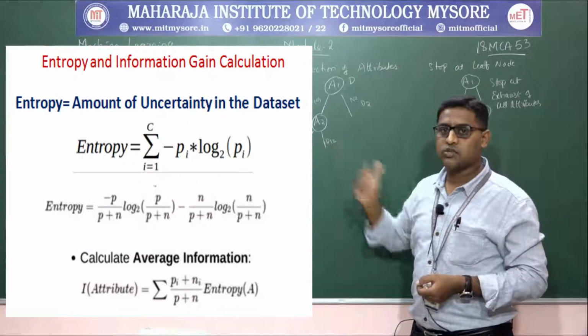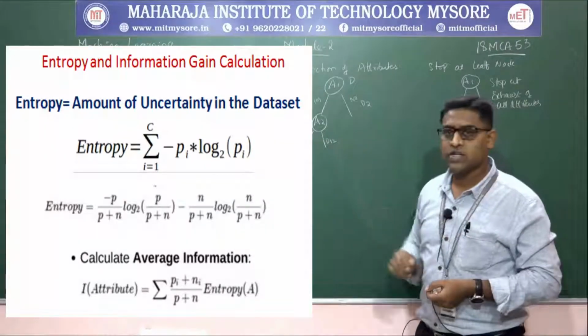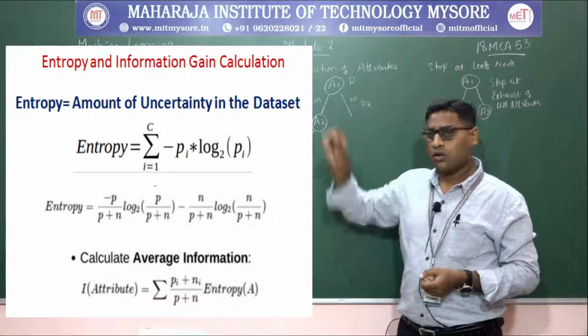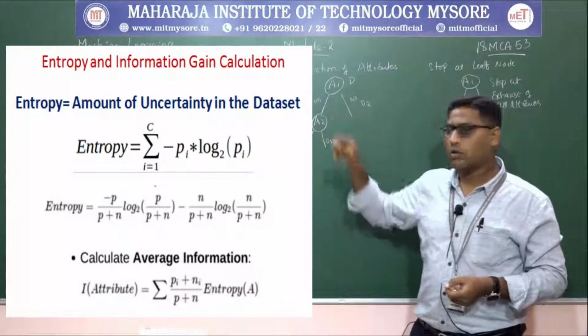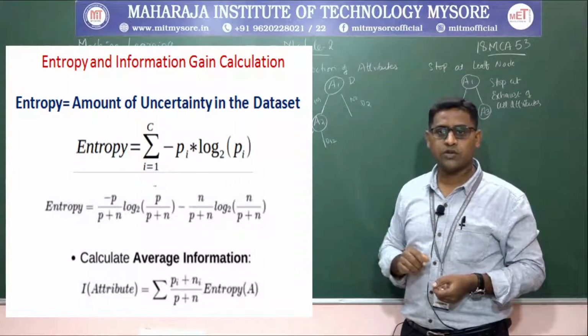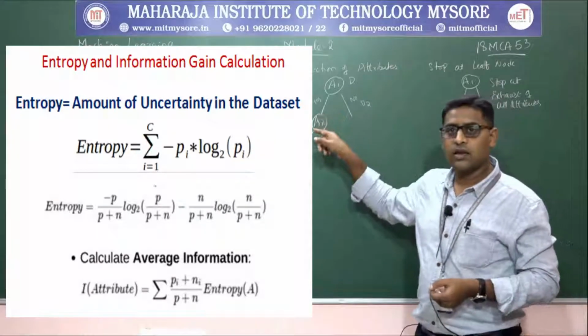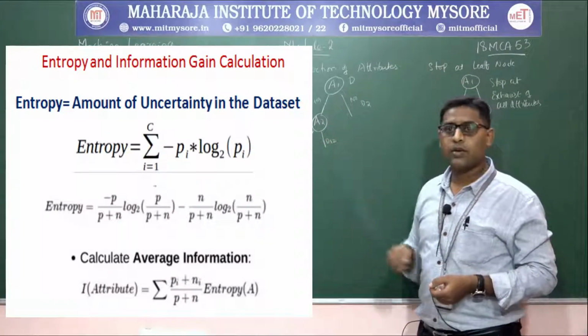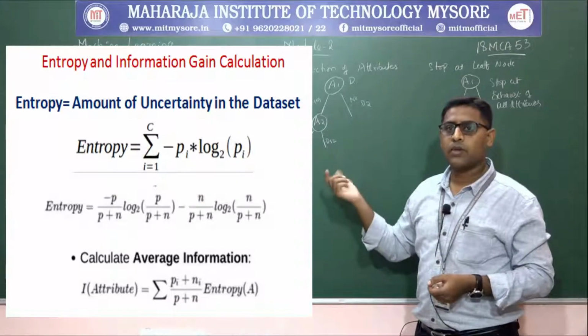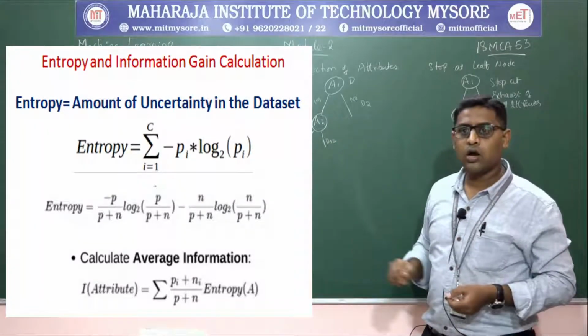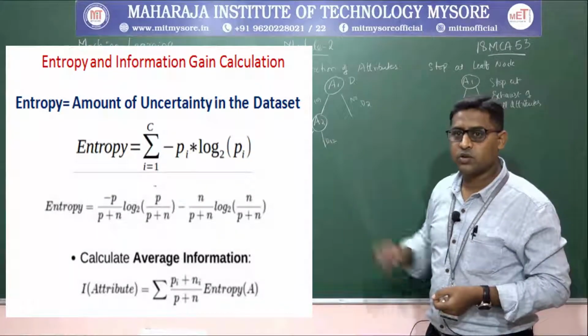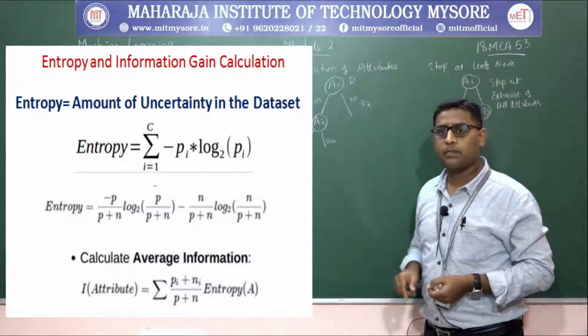That is what we need to check. So entropy is minus p by p plus n times log base 2 of p by p plus n, minus n by p plus n times log base 2 of n by p plus n.